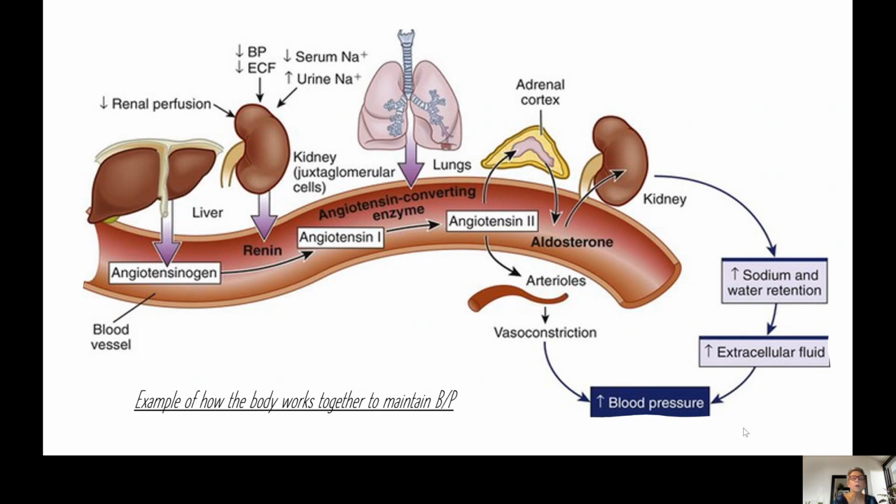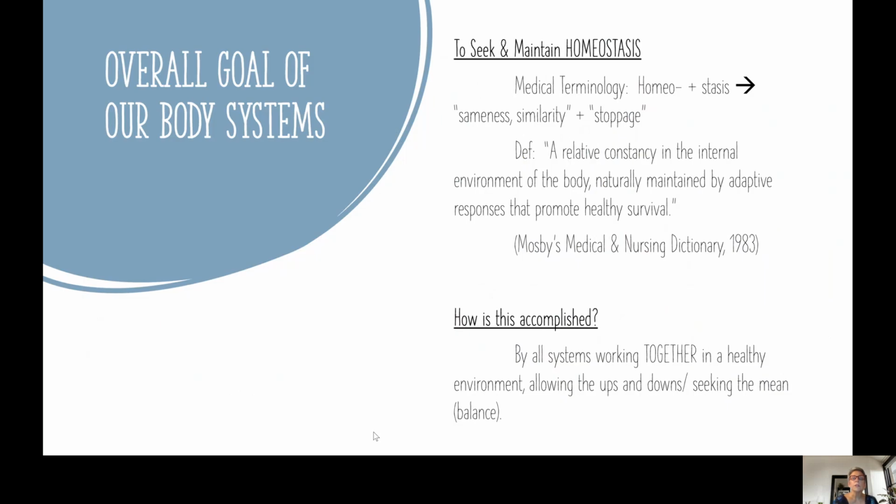And so if it can't do what it needs to do, it can't be released to change angiotensin 1 to angiotensin 2. And if that doesn't happen, you can't maintain a decent blood pressure. So it's all just, to me, very fascinating. I hope you find it equally as interesting, and that we work together to understand how our bodies create and seek and maintain homeostasis.